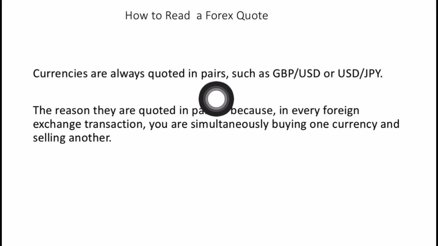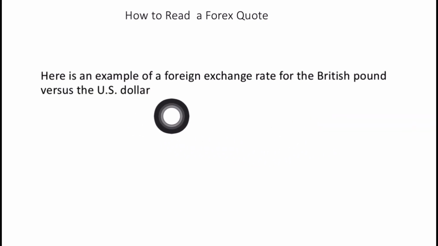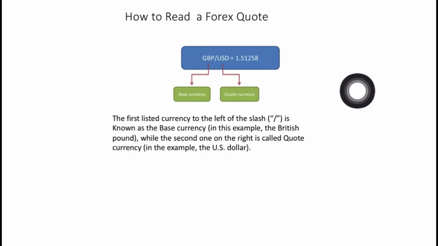Currencies are always quoted in pairs, such as the pound and USD, USD and JPY. The reason they are quoted in pairs is because in every foreign exchange transaction, you are simultaneously buying one currency and selling another. Here is an example of a foreign exchange rate for the British pound versus the US dollar.